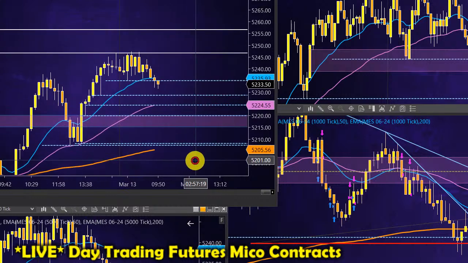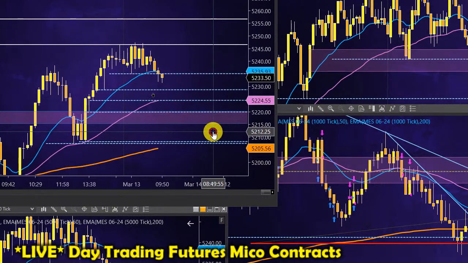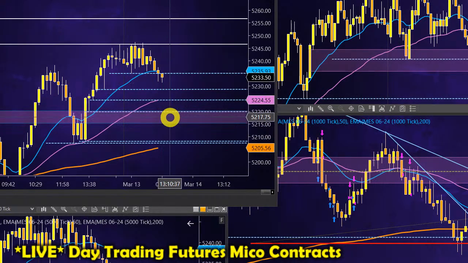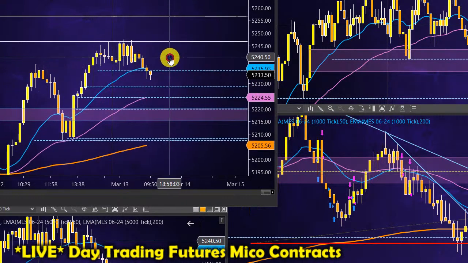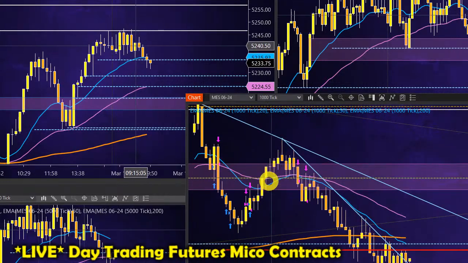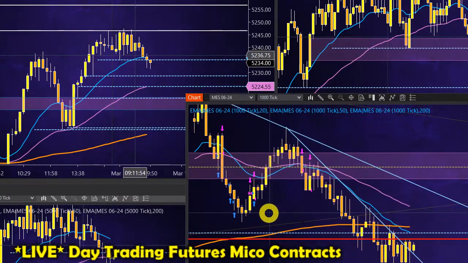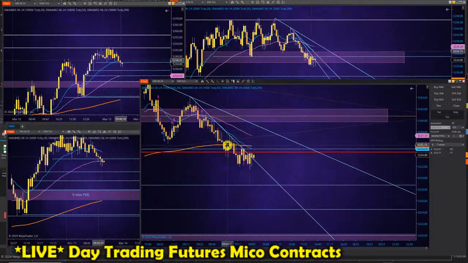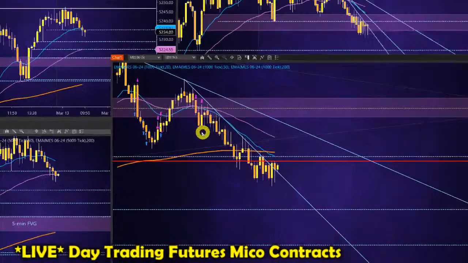There might be opportunities that work for a one target hit reward on the way down, where it's bouncing a little bit, enough to give us some profit. And sometimes that's all we get. For instance, right here was just enough of a bounce to get the profit target that I took earlier today, but it didn't keep going.